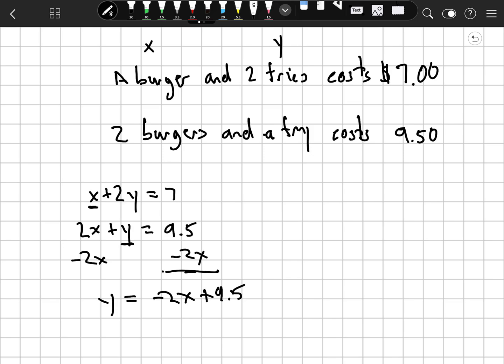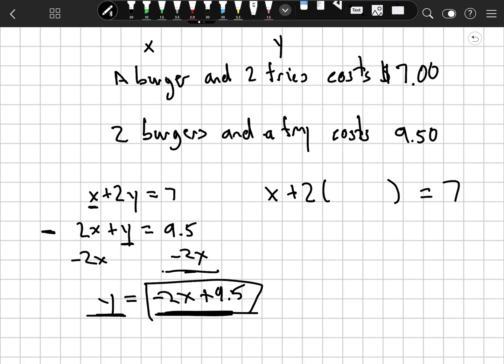So we started by working with the second equation here. Now we can go up to the first equation. We're going to write x plus 2 times a big blank equals 7. Notice I put a big blank right next to the 2 where y would have gone. And in place of that, I'm going to put what y is equal to.